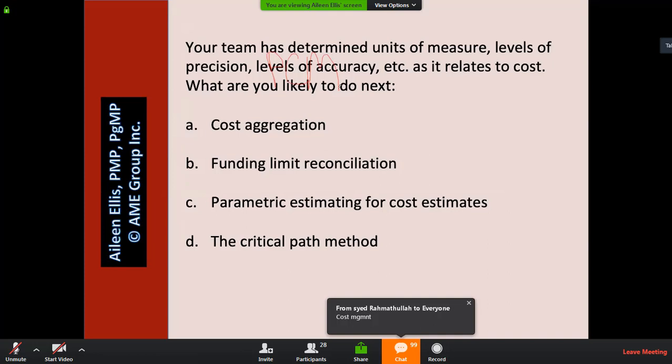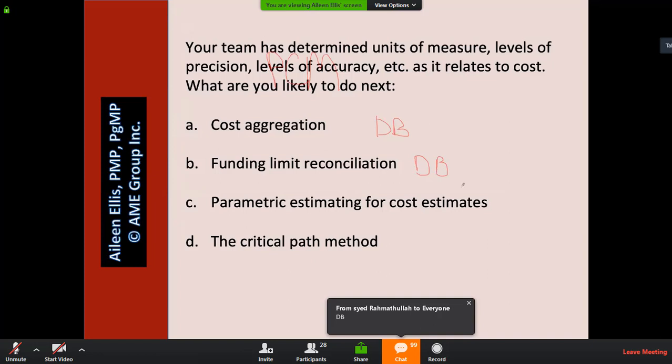When you look at A, cost aggregation, what's the process we most likely associate with cost aggregation? So A relates to determine budget. What about B, funding limit reconciliation? What process is that? Again, that's determine budget.